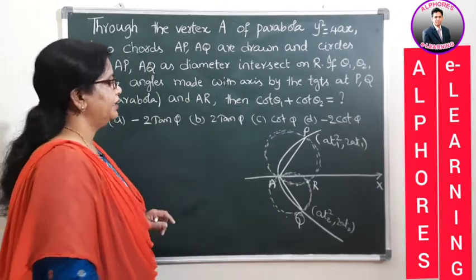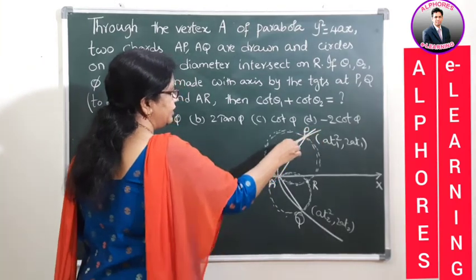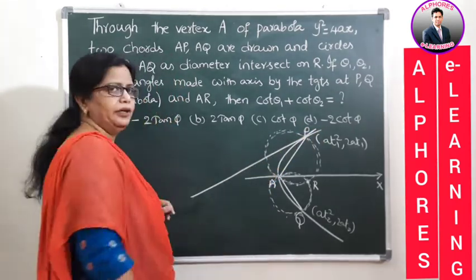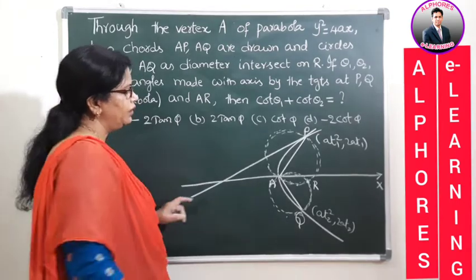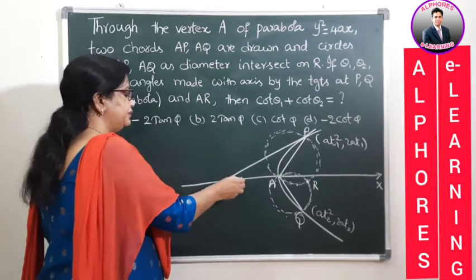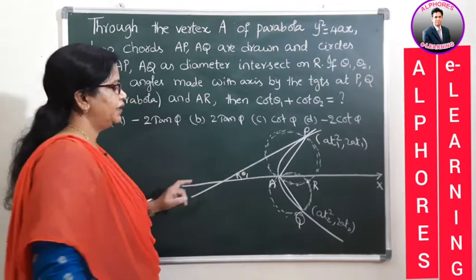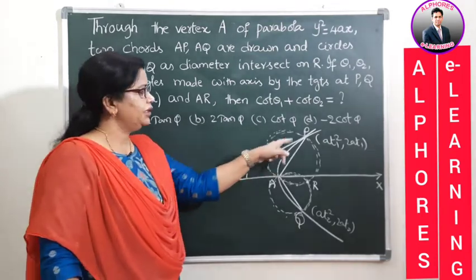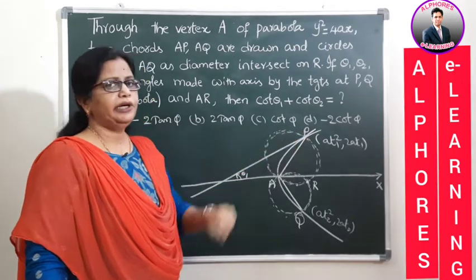Now they are telling that at P they have taken a tangent, that means this is the tangent drawn at P. Okay, now it is making some inclination with the axis of the parabola. Here the axis is nothing but the x-axis. Therefore, if this inclination is given as theta 1, then what is tan theta 1? It is nothing but the slope of the tangent drawn to this parabola at the point t1.